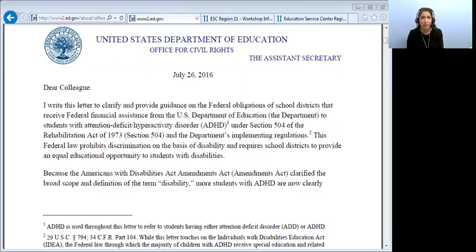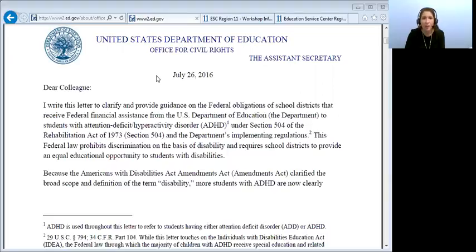So let's begin. This is the letter from the Office for Civil Rights, and it says, "Dear colleague, I write this letter to clarify and provide guidance on the federal obligations of school districts that receive federal financial assistance from the U.S. Department of Education to students with, specifically, attention deficit hyperactivity disorder or ADHD under Section 504 of the Rehabilitation Act of 1973 and the department's implementing regulations.